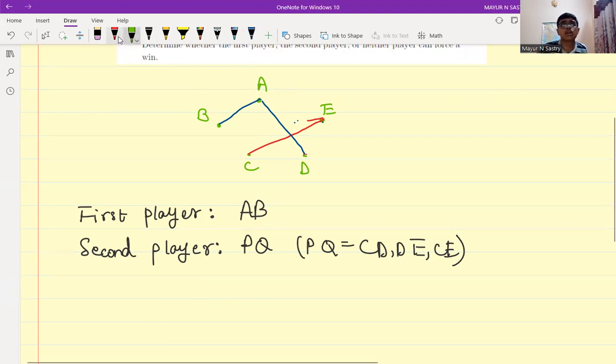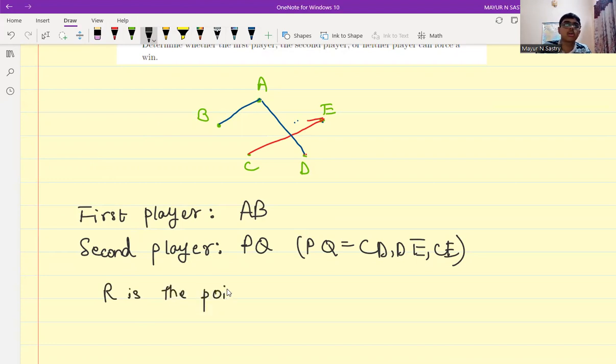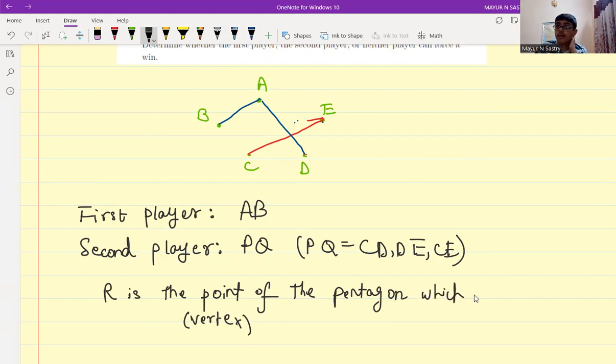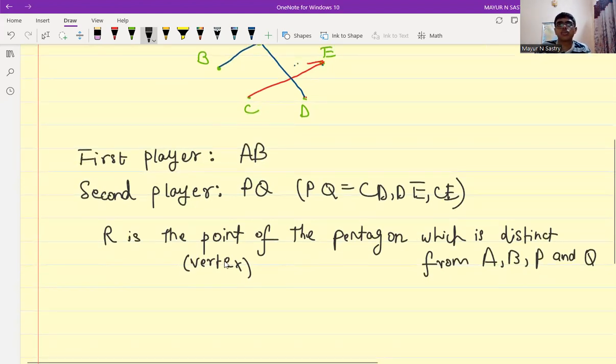So what I'll do is put forward the notation that R is the vertex of the pentagon, which is distinct from A, B, P, and Q. So now, after the second player has chosen PQ, what I would do is join AR by just taking the analogy.